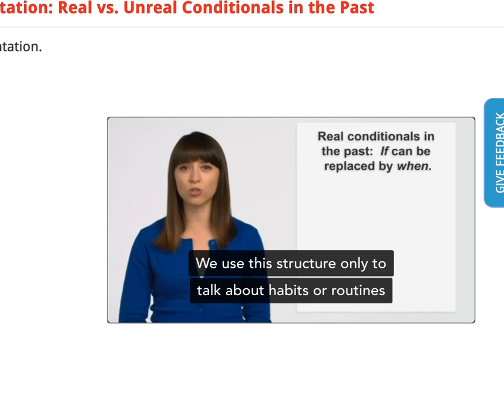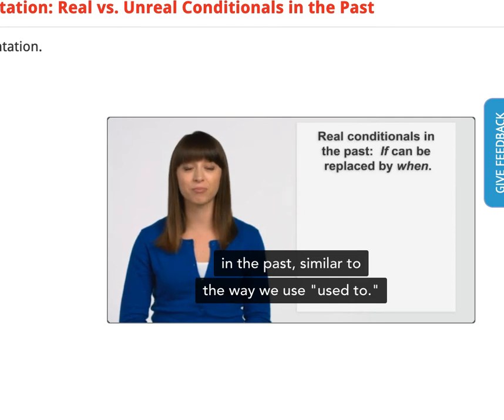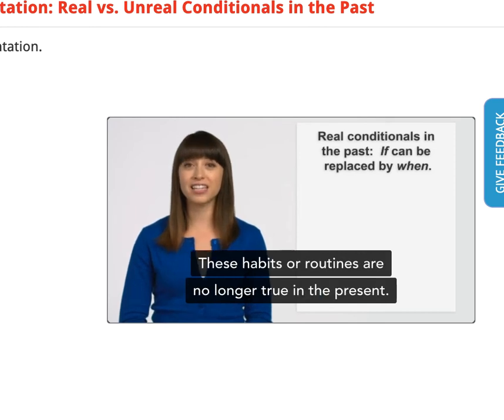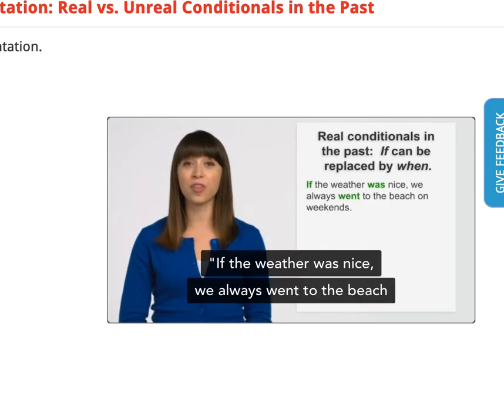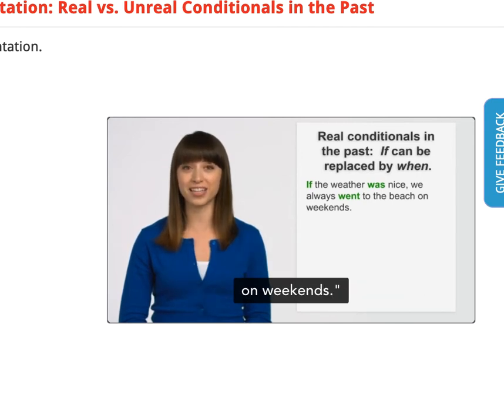We use this structure only to talk about habits or routines in the past, similar to the way we use used to. These habits or routines are no longer true in the present. If the weather was nice, we always went to the beach on weekends.